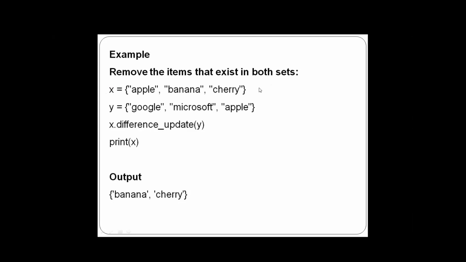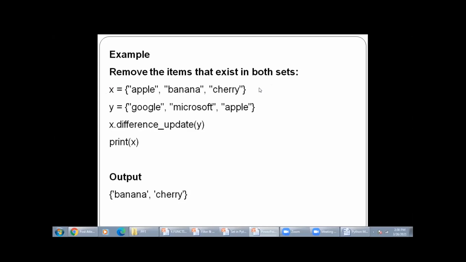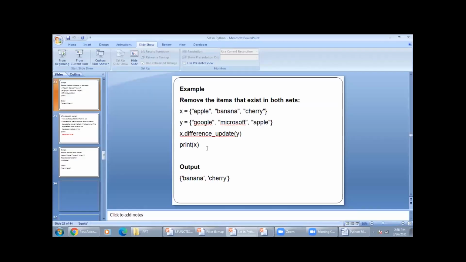Instead, your existing list is updated. We can use X is equal to X dot difference of Y instead of difference update, right? So why don't you try this and check? You can try this option also, right? So your question is, we'll try this.